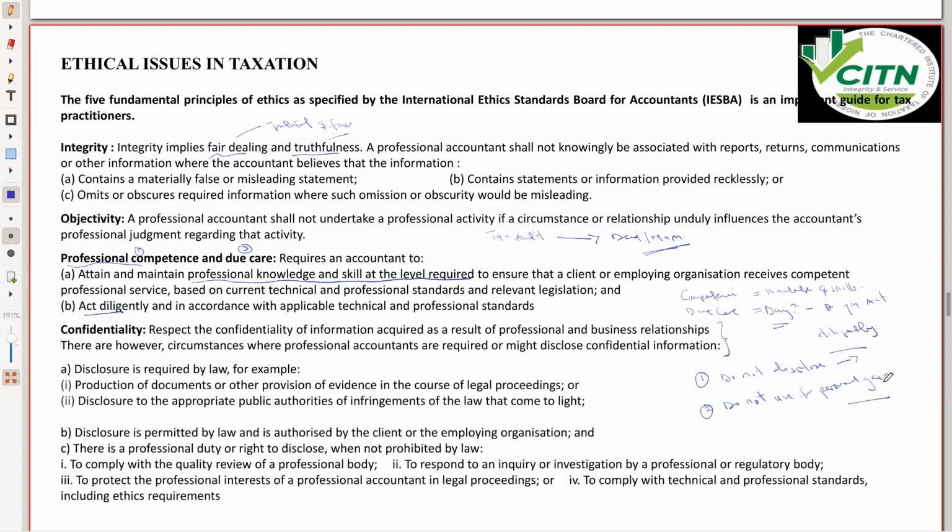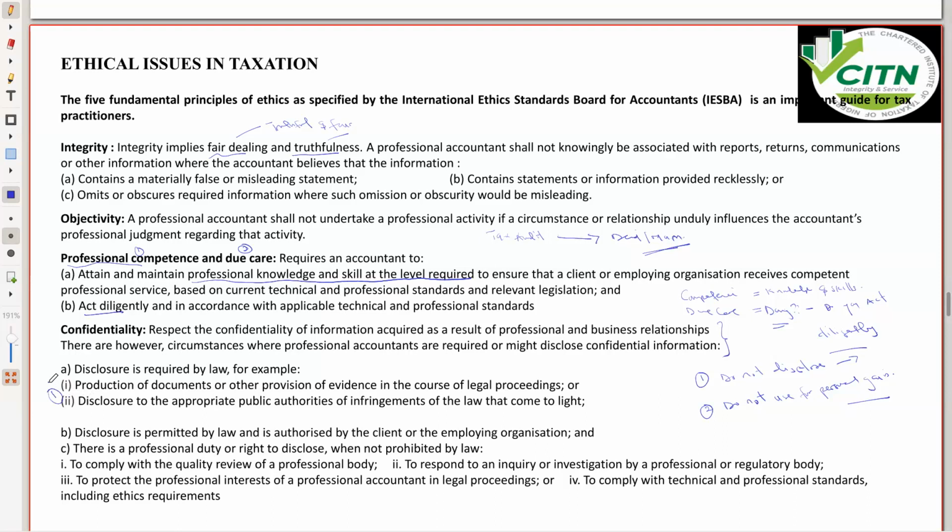With that said, there are exceptions. There are situations where a tax professional, the professional accountant, might be required to disclose confidential information. And that situation would generally be grouped into three broad categories. One is where disclosure is required by law.